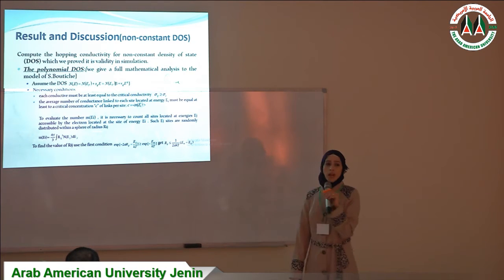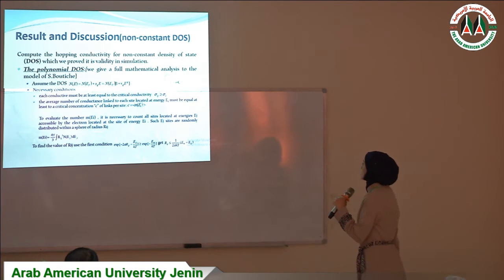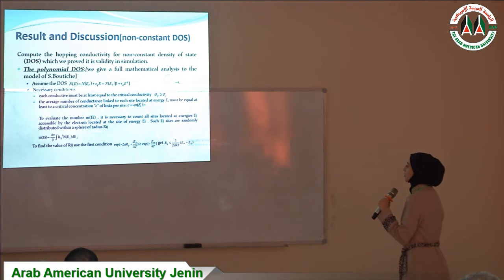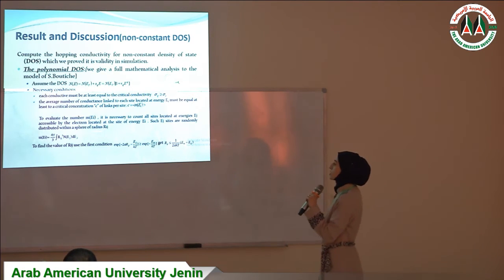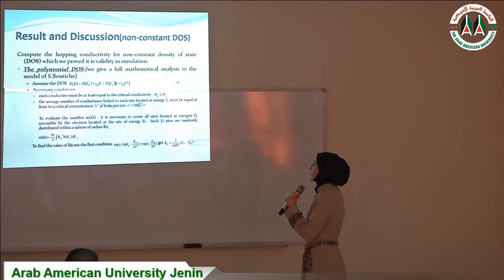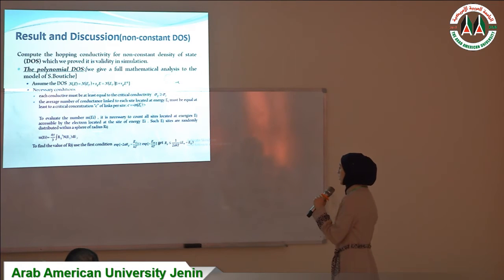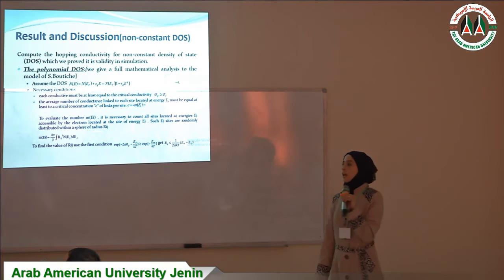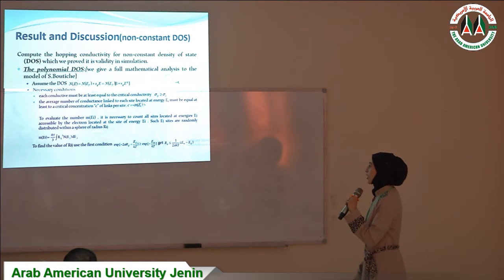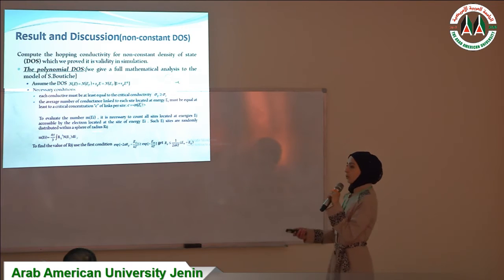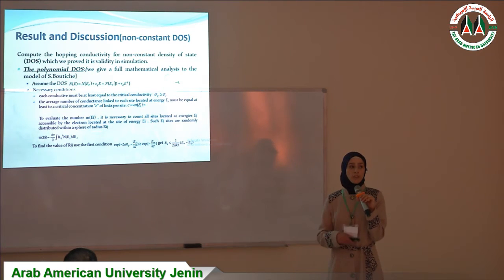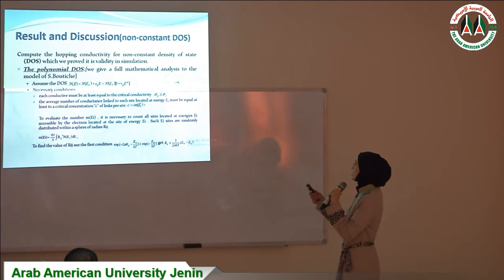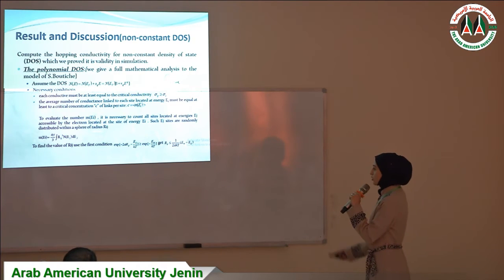To evaluate M(E_i), it is necessary to count all sites located at energy E_j accessible by the electron located at the site E_i. Such E_j sites are randomly distributed in a sphere with radius R_ij. So M(E_i) equals the integral of the volume of the sphere multiplied by the density of states dE_j.